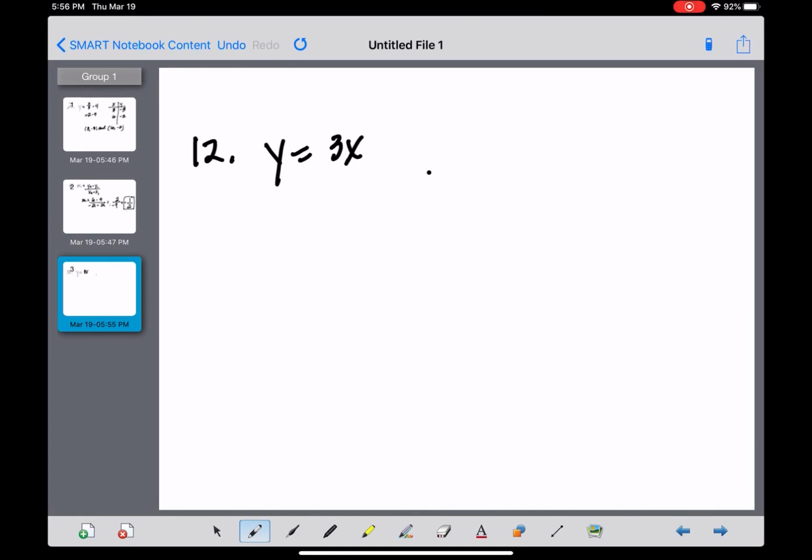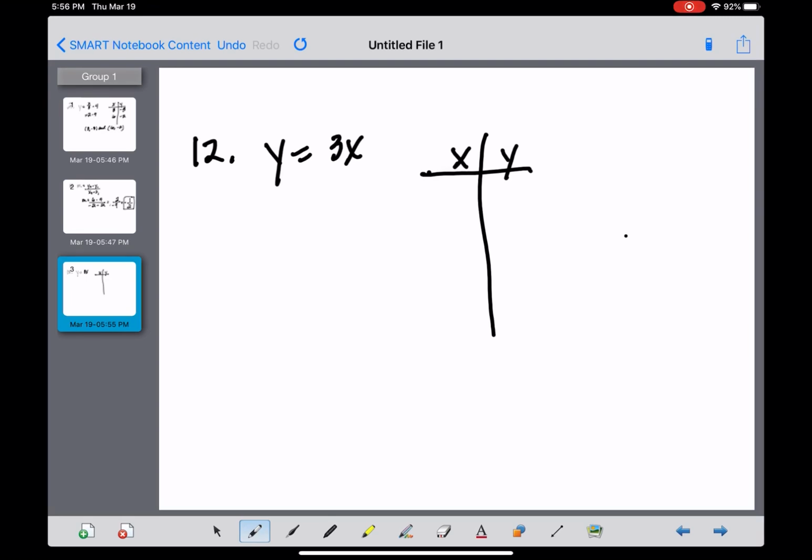Again, you're just going to give me 2 points that would be on this line. So X, Y. Again, just pick whatever you want for X. Don't pick 0, because remember, X is equal to the number of weeks. So we're not going to say 0 weeks, because we know at 0 weeks we'd have 0 lessons.